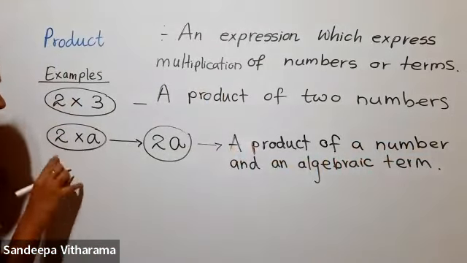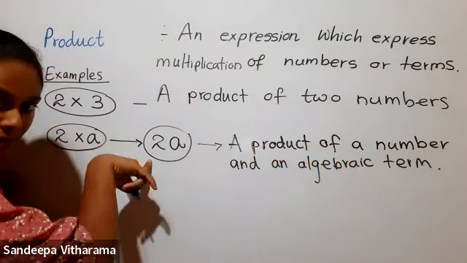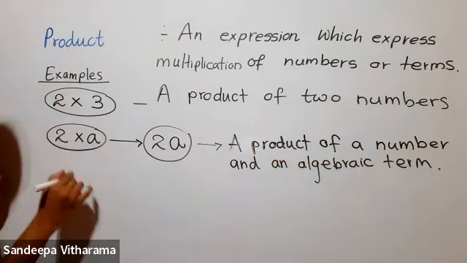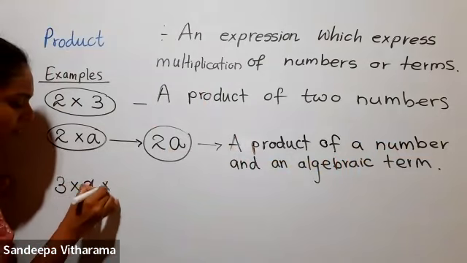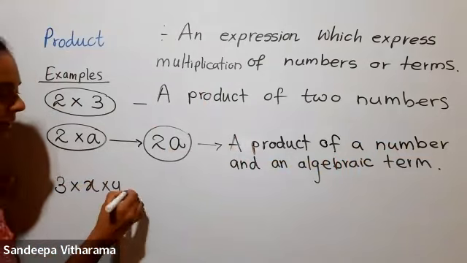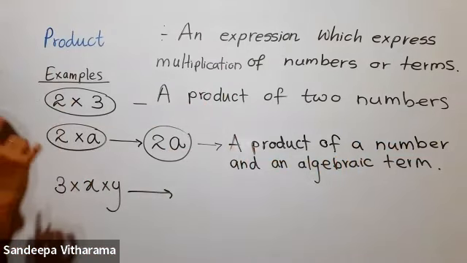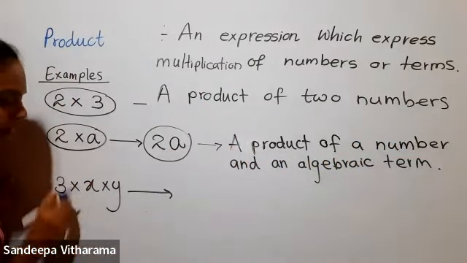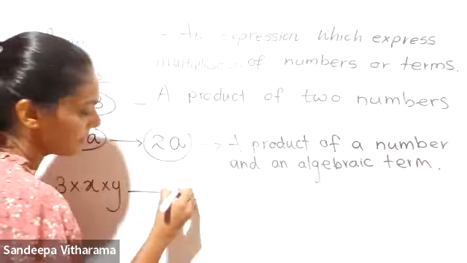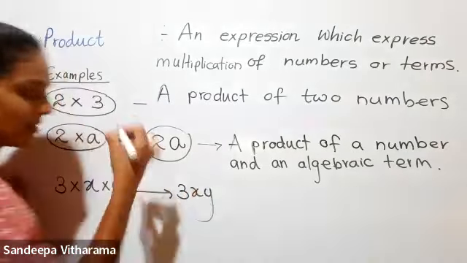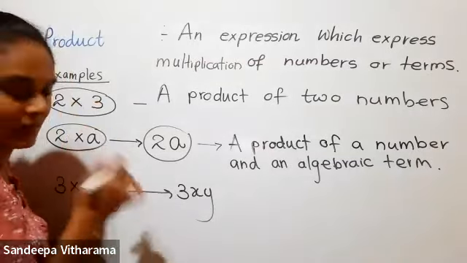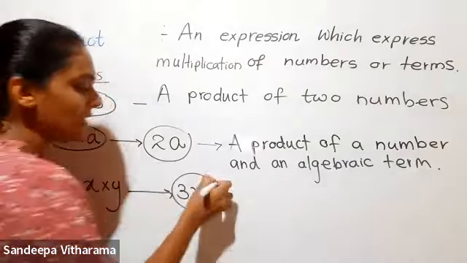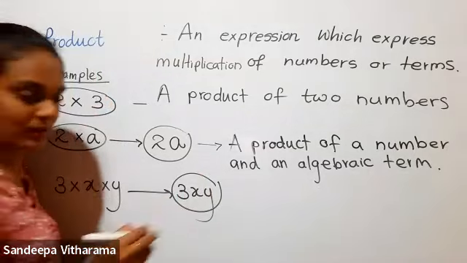Is it only restricted to a number and an algebraic term? No, never. Look at this one: 3 into x into y. How can we express this? We can remove these two multiplication symbols and write it together. This is for simplifying. This is the way we express a product in maths.